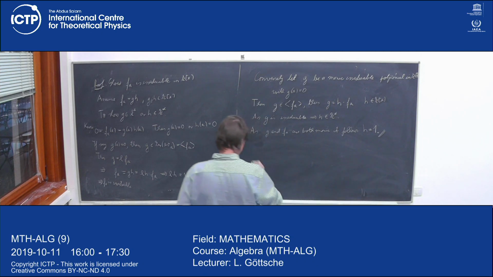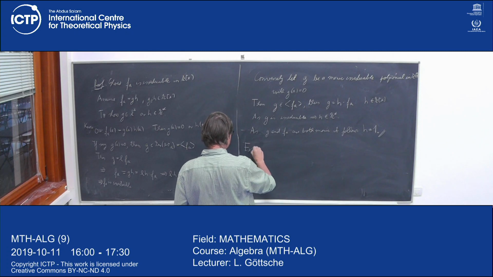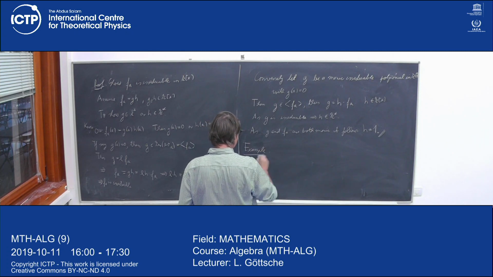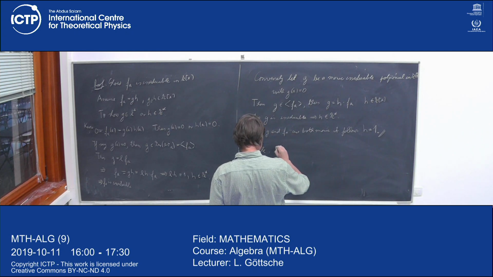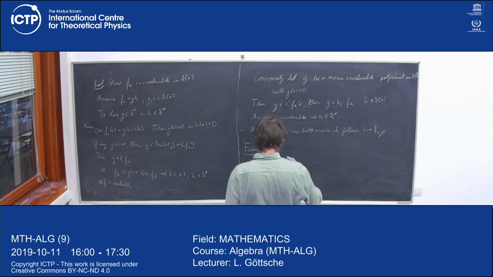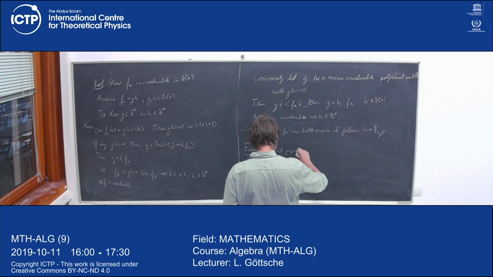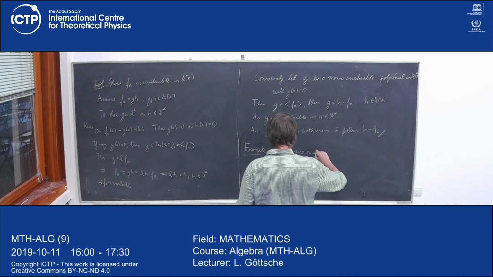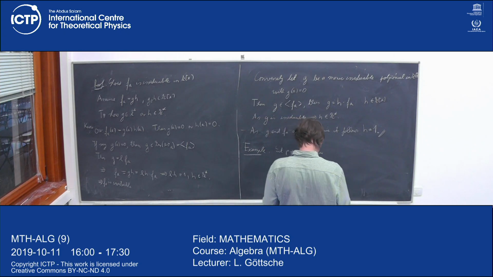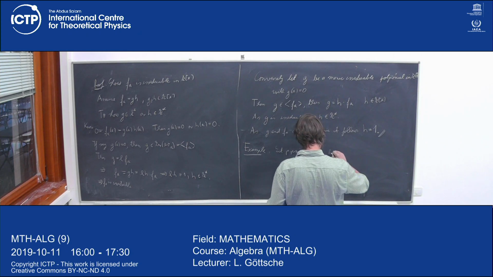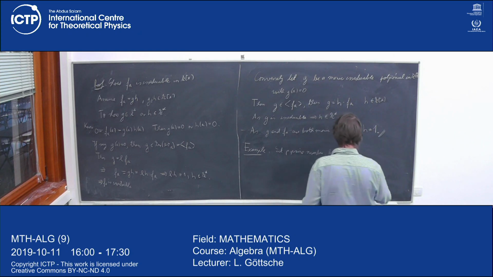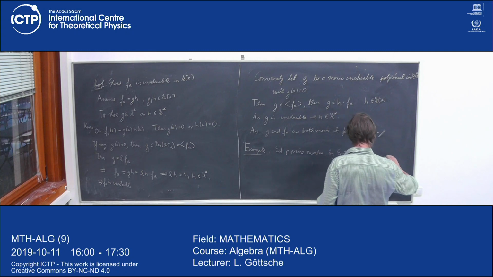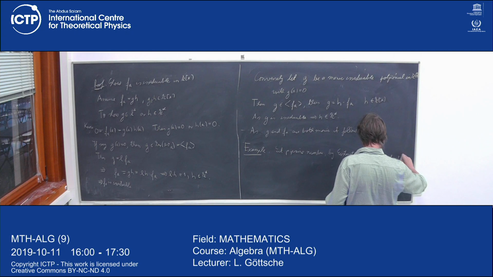So let's just do an example. So for instance, P is a prime number. So actually I don't need a prime number, but it doesn't matter. So let P be a prime number. You can maybe think how you can generalize it. So by the Eisenstein criterion, we have that x to the n minus p is irreducible for any positive n.